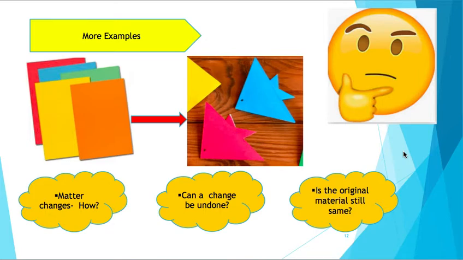Now here, when we made a fish from a piece of paper, is the matter still the same? Wonderful, yes. Can you undo the changes? Amazing. Yes, it can. And is the original material still the same or is it different?